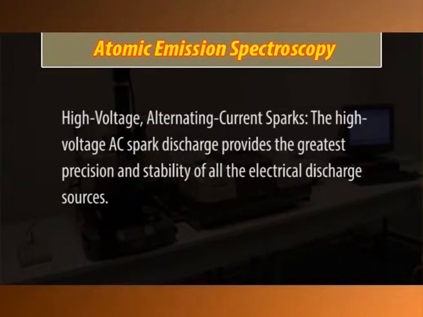High voltage alternating current sparks. The high voltage AC spark discharge provides the greatest precision and stability of all the electrical discharge sources. It is the method of choice for atomic emission spectrometry analysis of ferrous metals in industrial operations.